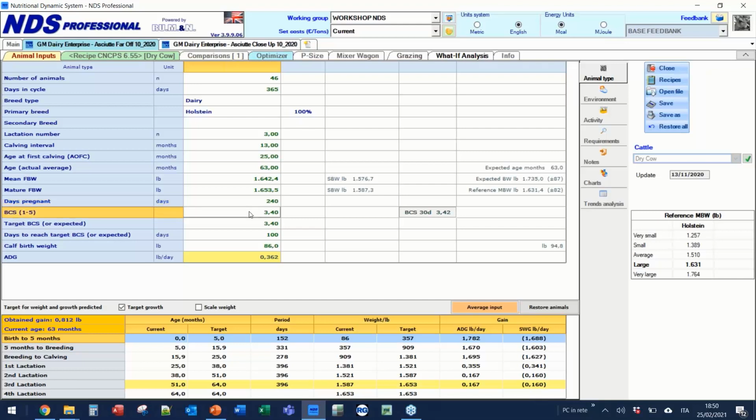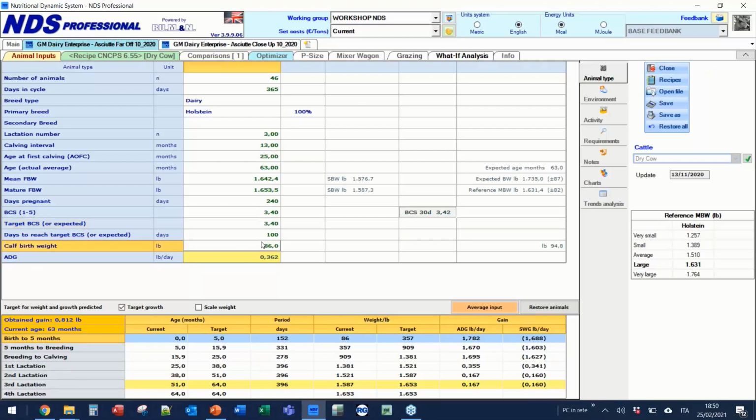The body condition score should be the body condition score that we measure at the end of the lactation, and our goal is not to have any change in terms of body condition. So in this case, it doesn't matter to have a target body condition or expected body condition score, because the two values should be the same.